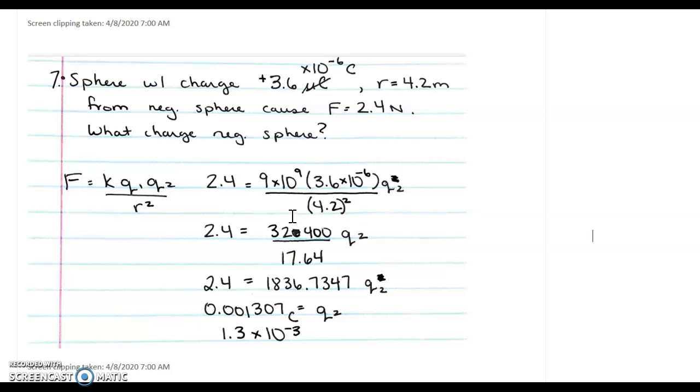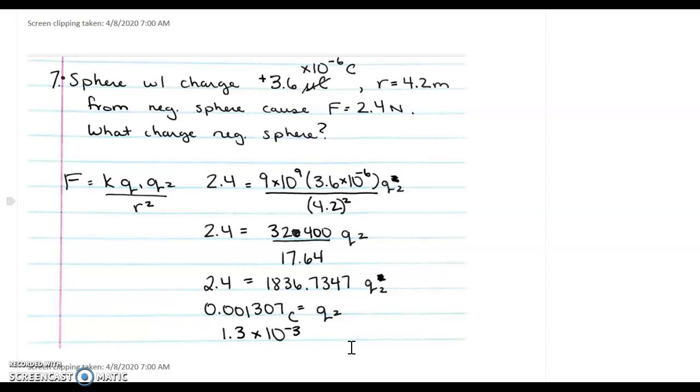In this one, I multiplied my K value times Q1 first and got 32,400. Then I divided it to the other side, and changed it into scientific notation so it was easier to understand.